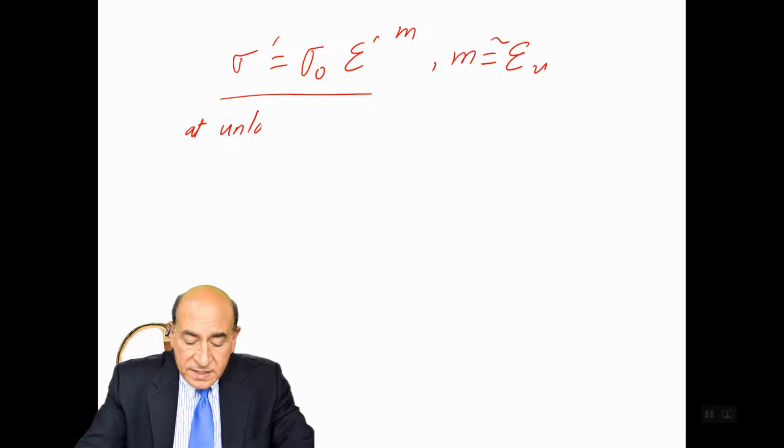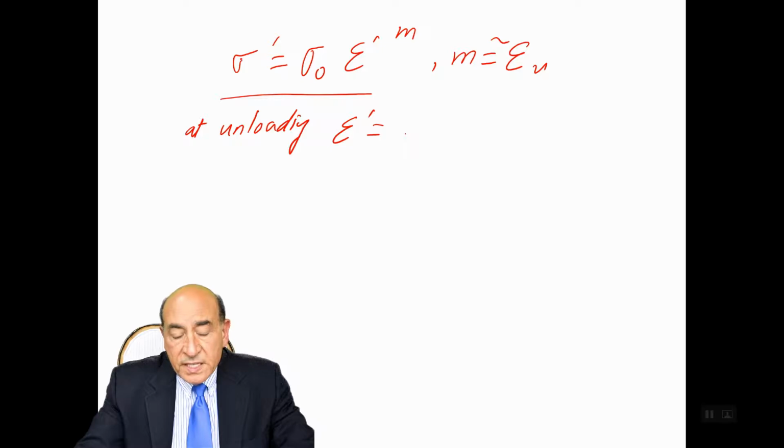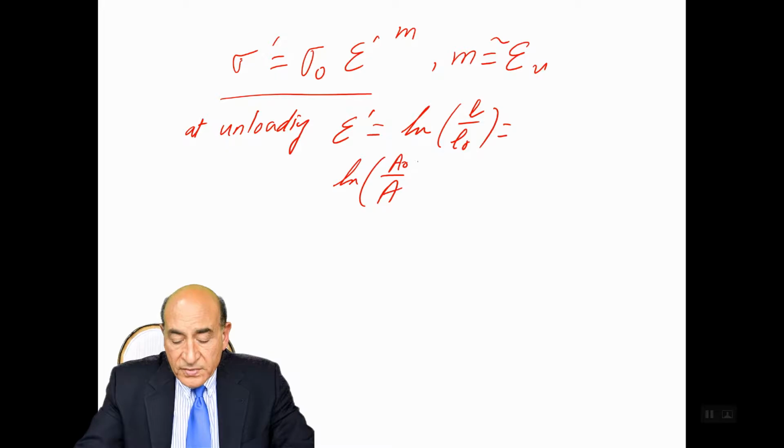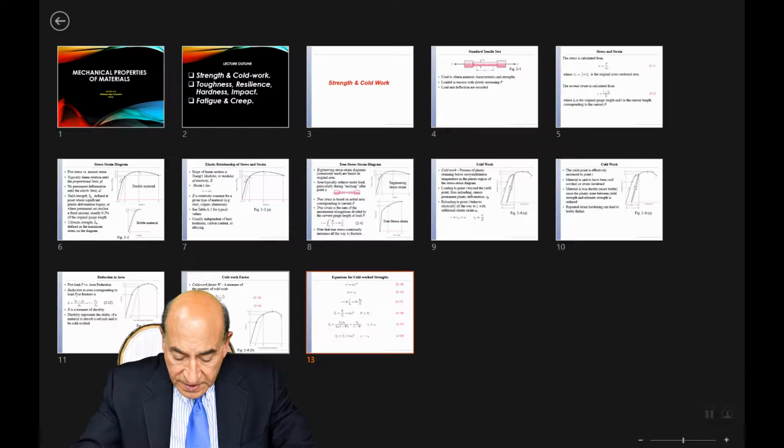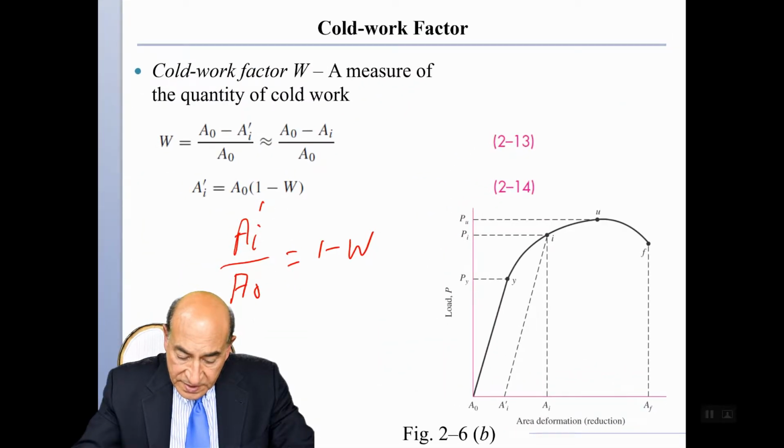So at unloading, I have the strain value that I achieved is equal to the strain value that we obtained from the cold work, which is the natural log of L over L0, and this we wrote down as the natural log of A0 over A, and A0 is larger than A, so it will be 1 over 1 minus W.